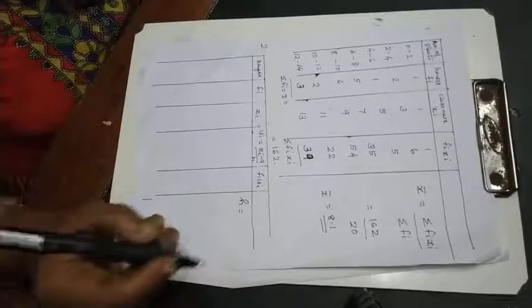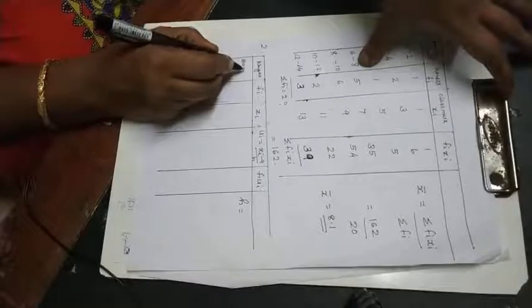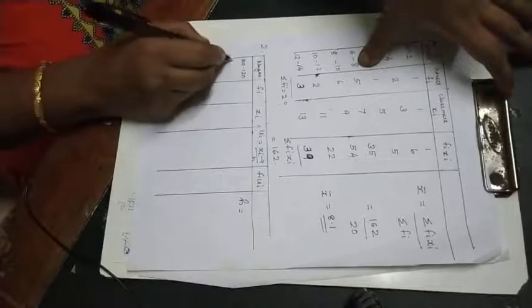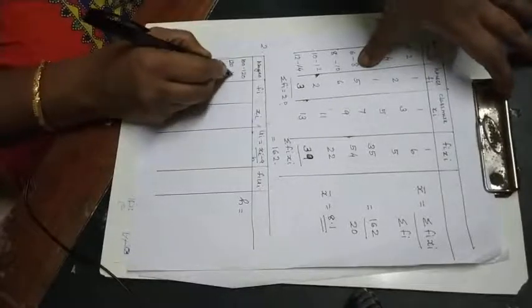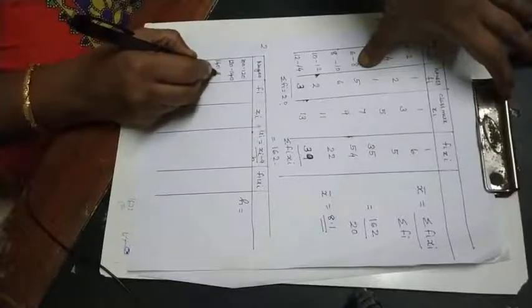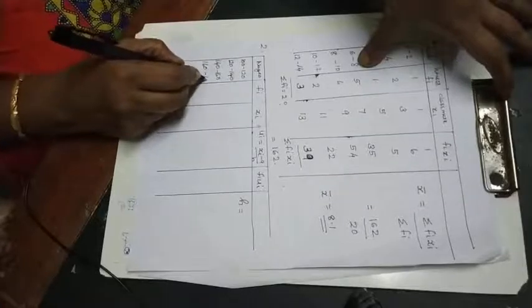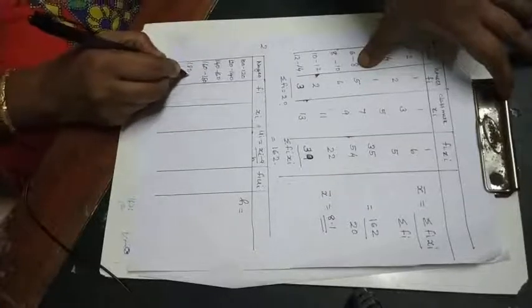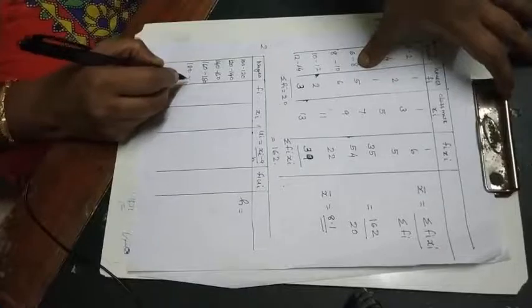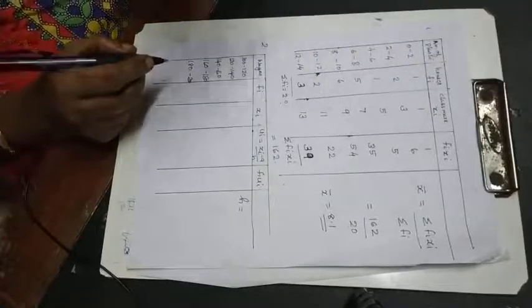Then see what H is. The question has 100 to 120, then 120 to 140, 140 to 160, 160 to 180, 180 to 200. 5 classes are there.